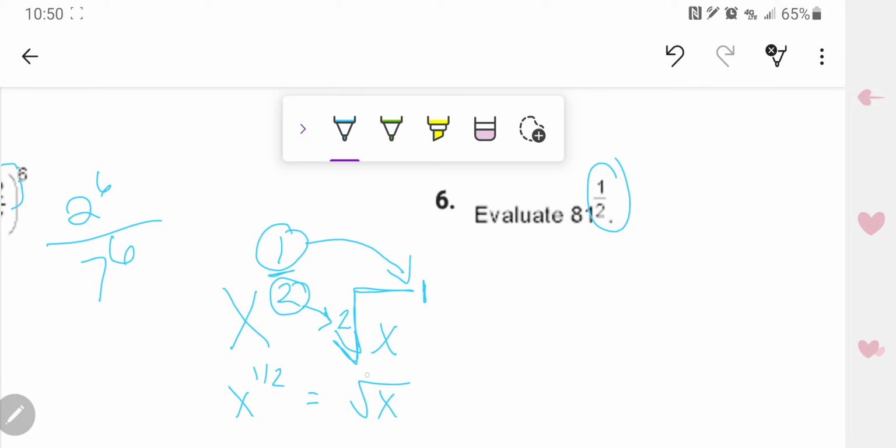Now, if you don't see a number in the square root, it's a 2. For your own work, you could write it, but we don't write that as mathematicians. So you just won't write it. And then again, the 1 you don't write either. So this means square root of 81, because the 2 is here, the 1 is here. This one's actually perfect. The square root of 81 is 9.